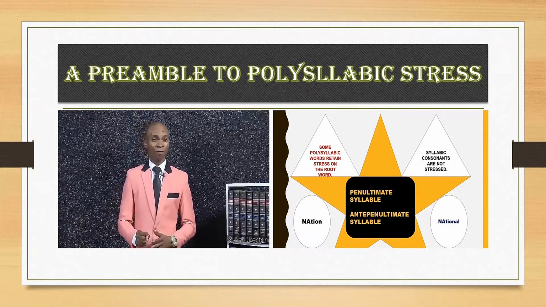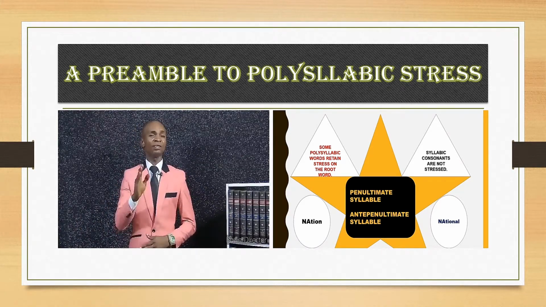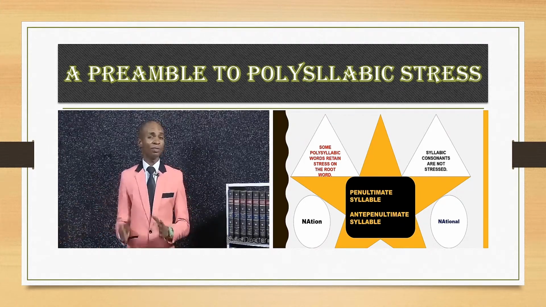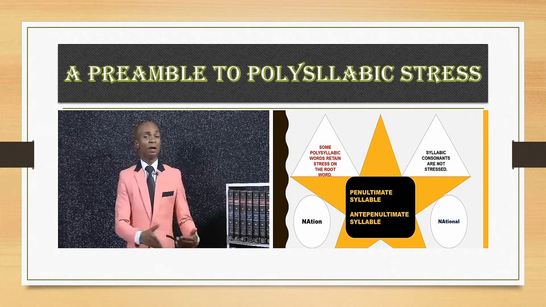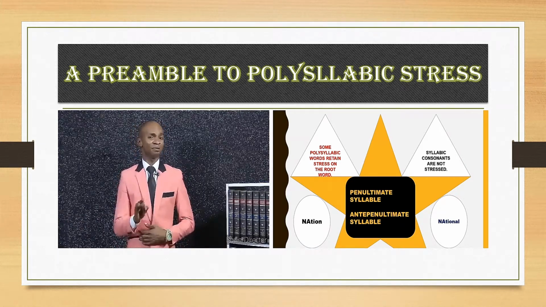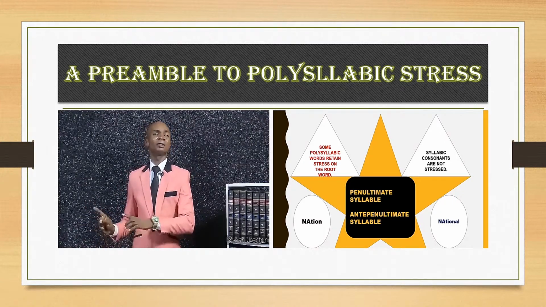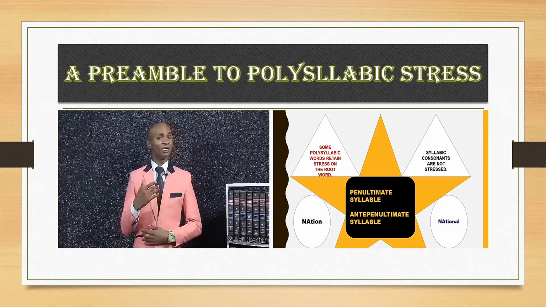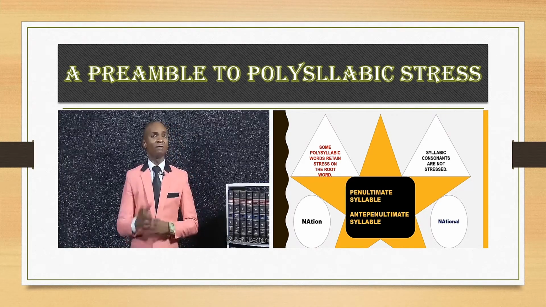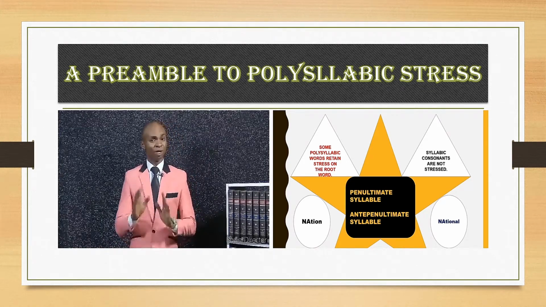Bringing this to the fore, we are able to understand that the word national cannot be stressed on the second syllable, neither can it be stressed on the last syllable. So we are left with placing the stress on the first syllable. And also, understanding the fact that some two-syllable words retain their stress when they turn to three-syllable words is very important for us to understand what we are dealing with.